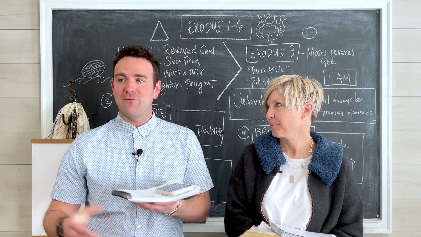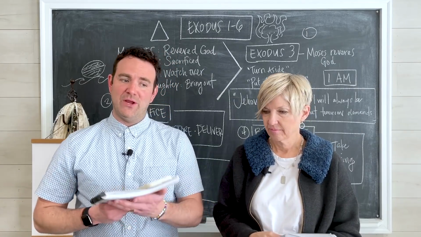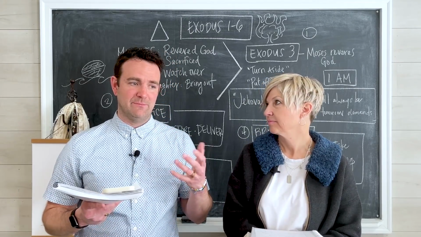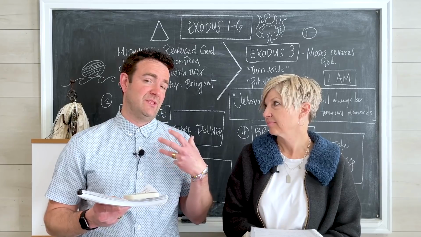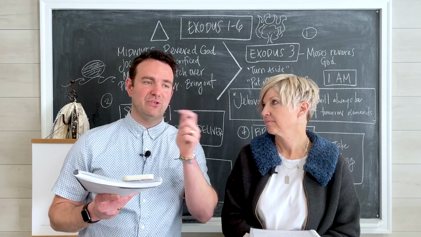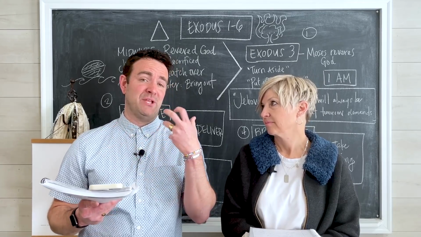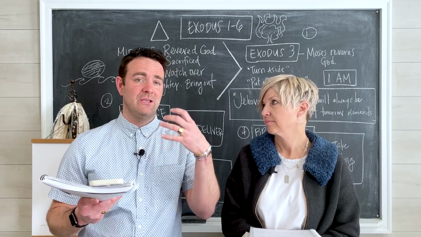Now, this is something that will be really interesting throughout the rest of the Old Testament study. There is a lot of linguistic debate on this, but some people settle on the fact that that's where the name Jehovah comes from: "I am" can be translated into just four Hebrew letters that sound like Yahweh, or in English, Jehovah.